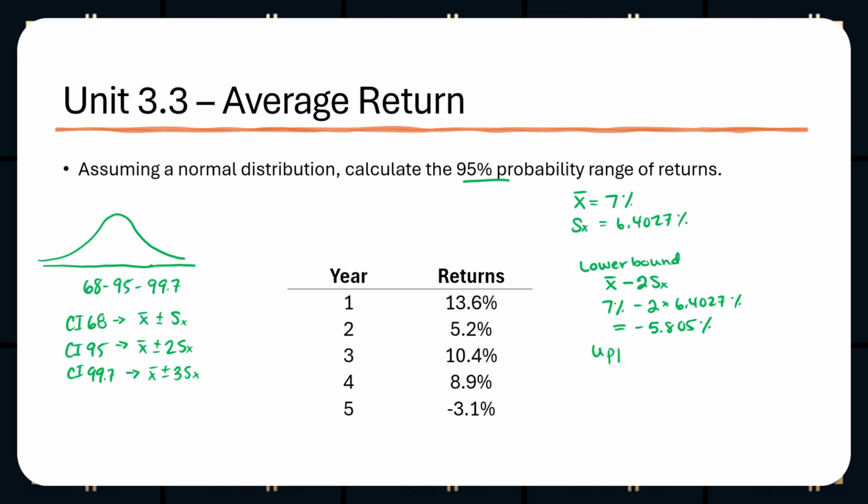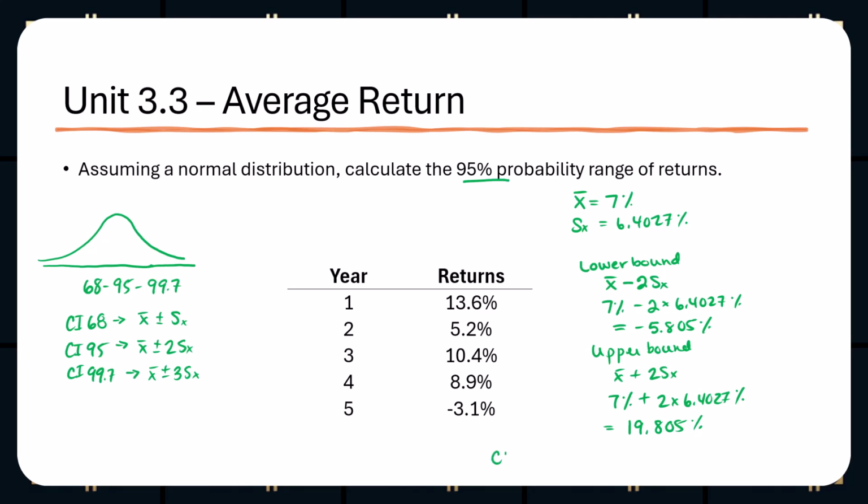Our upper bound on a 95% confidence interval is going to be X bar plus 2 standard deviations. So we'll take the 7% plus 2 times the 6.4027. And what we will find is that the upper bound on this set of returns is 19.805%.